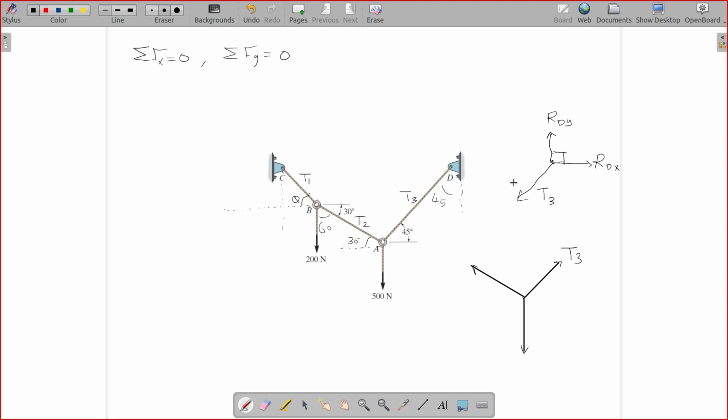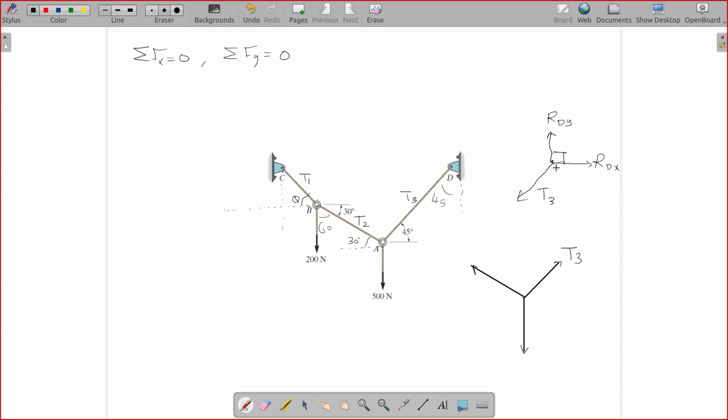By the way, T3 is the tension from the part of the rope AD here and here, you can see that they are in opposite direction. Why is that? Because a rope, you cannot push with a rope. Rope always pulls away from the junction.